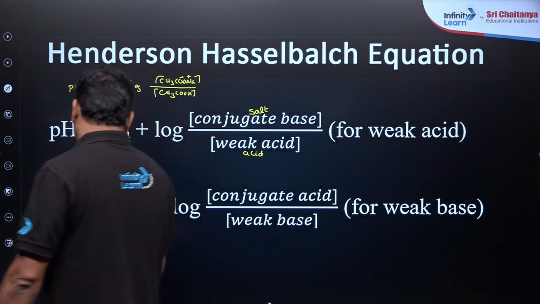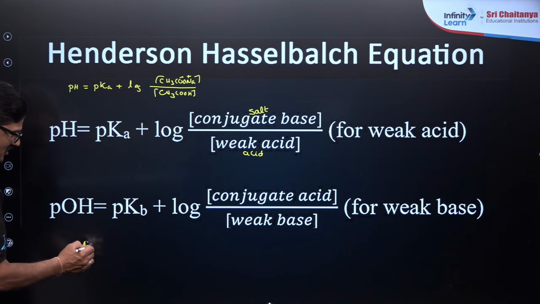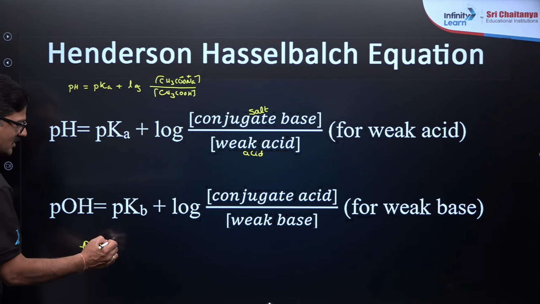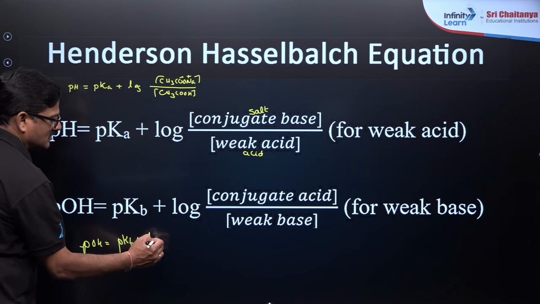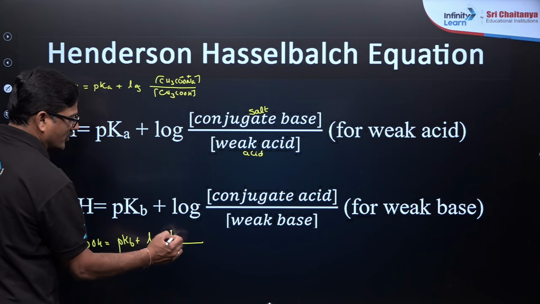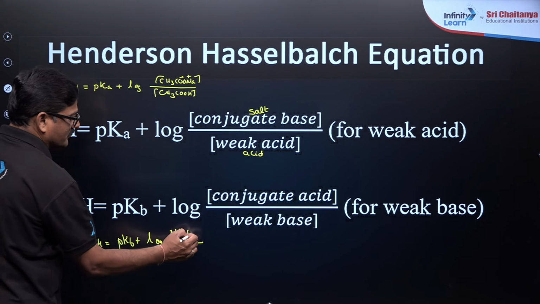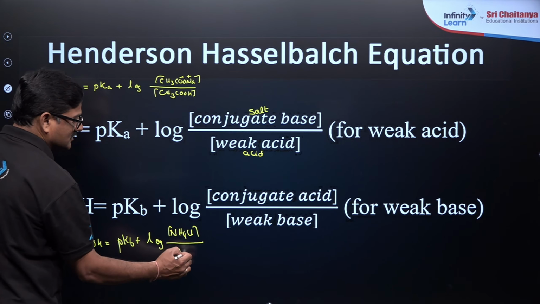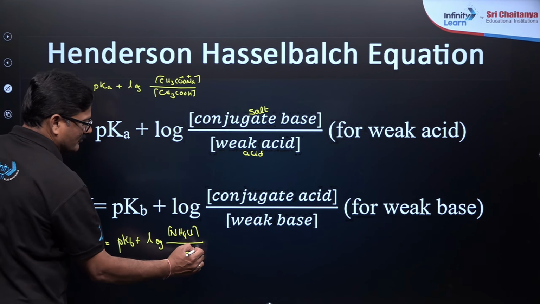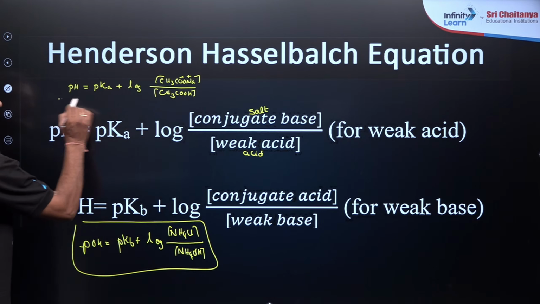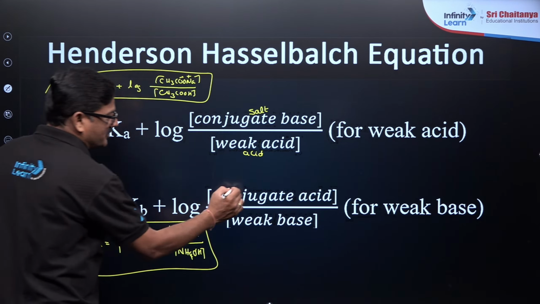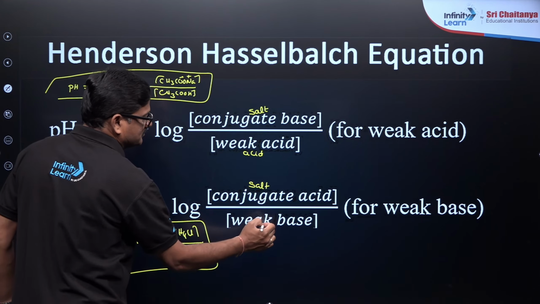Similarly, for weak bases, pOH can be calculated by pKb plus log salt by base.